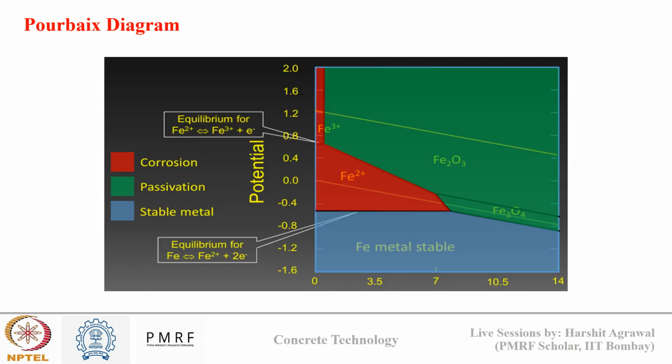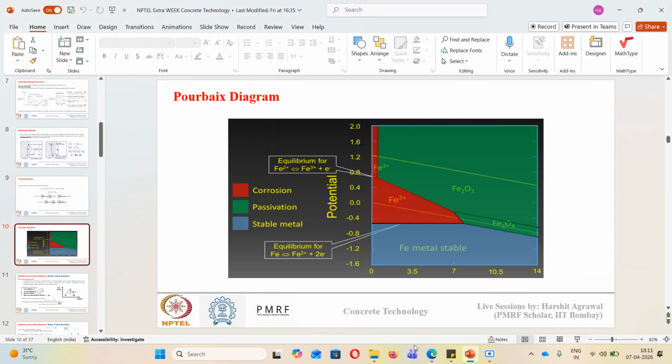And finally, we talked about application of this electrode potential in developing Pourbaix diagram for a metal, which helps to predict the stability of a metal on a pH versus potential scale. We saw Pourbaix diagram for nickel and iron, and then we saw for iron how Pourbaix diagram defines different stability zones. Okay, so this was all that we covered in the last session.